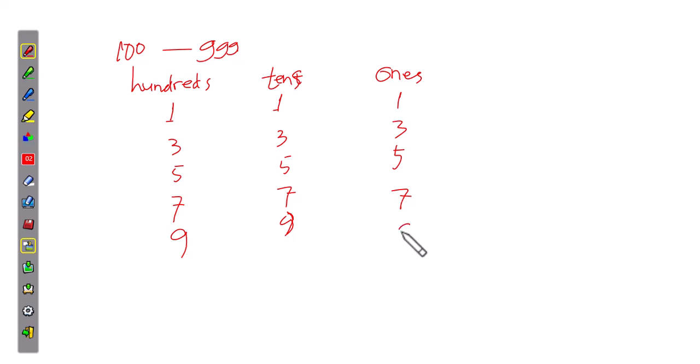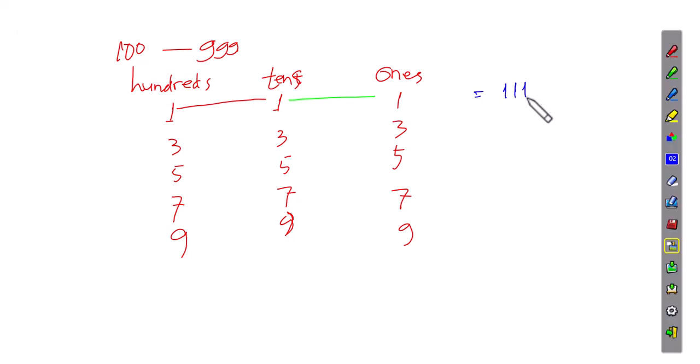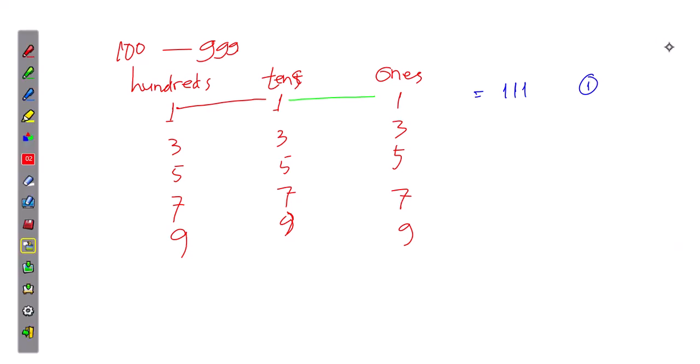So let's start from number 1. We connect to tens and we connect to ones. So this will form one number, 111. Okay, this is one option. Next, we connect this one with 3.